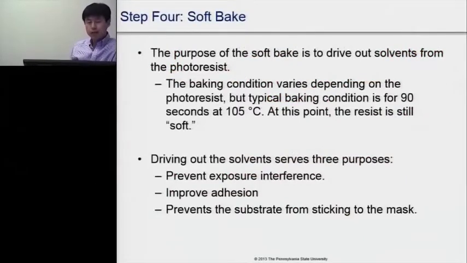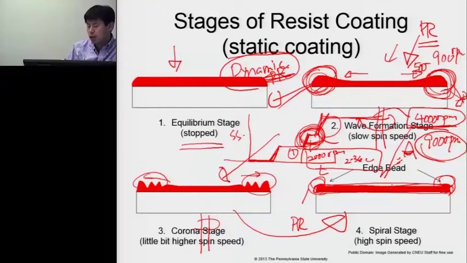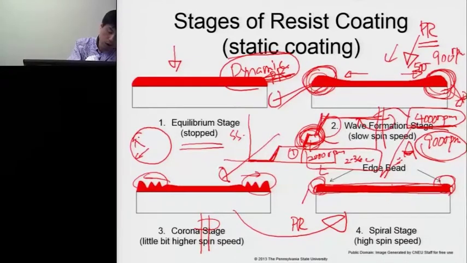As we keep spinning, if we look at the film from the top, we will see the color of the film keep changing. The colors seem to spread out from the center to the edges, usually during the first 30 seconds, depending on the viscosity of your photoresist and the thickness.